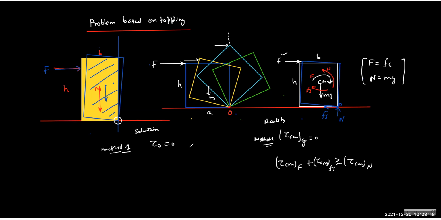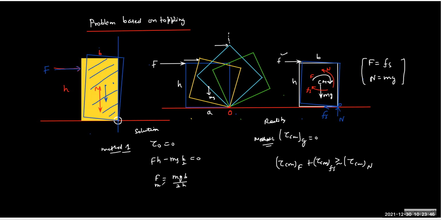Now, both methods will give you the same answer. Why? Look at this. Let's do the question about the point O. About O, the good thing is the normal and friction will have no torque. So what is the answer? F into h minus mg into b by 2 equals 0, and so F is equal to mgb by 2h.